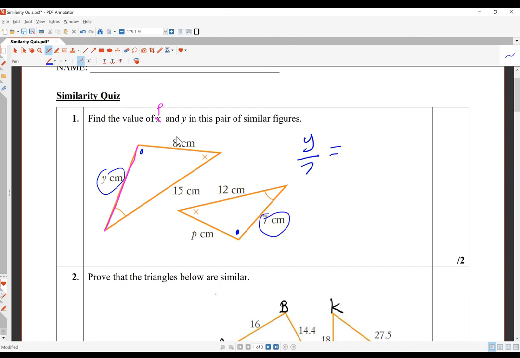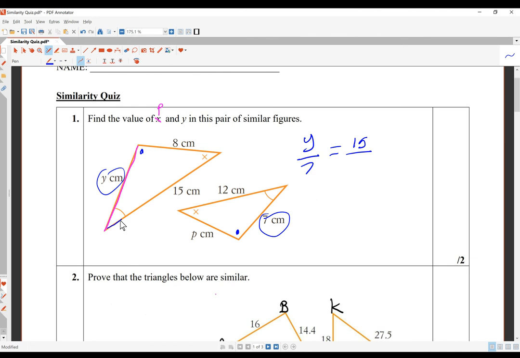Now, let's have a look at the other side that we can work with. We've got an arc and a cross here. That's 15. And on the other triangle, we have an arc and a cross, which is 12. So I can work with those two sides. So 15 over 12. Now 15 corresponds to the arc and the cross here, doesn't it?